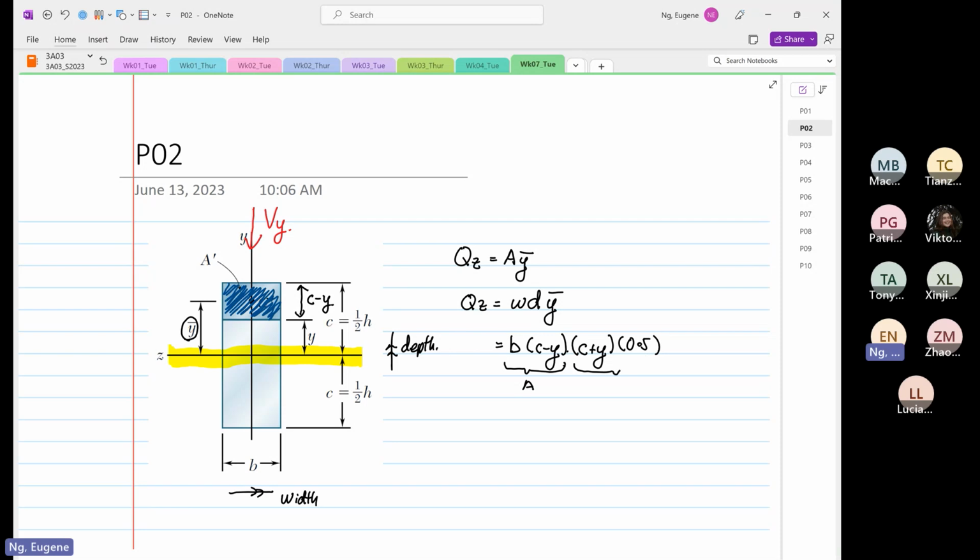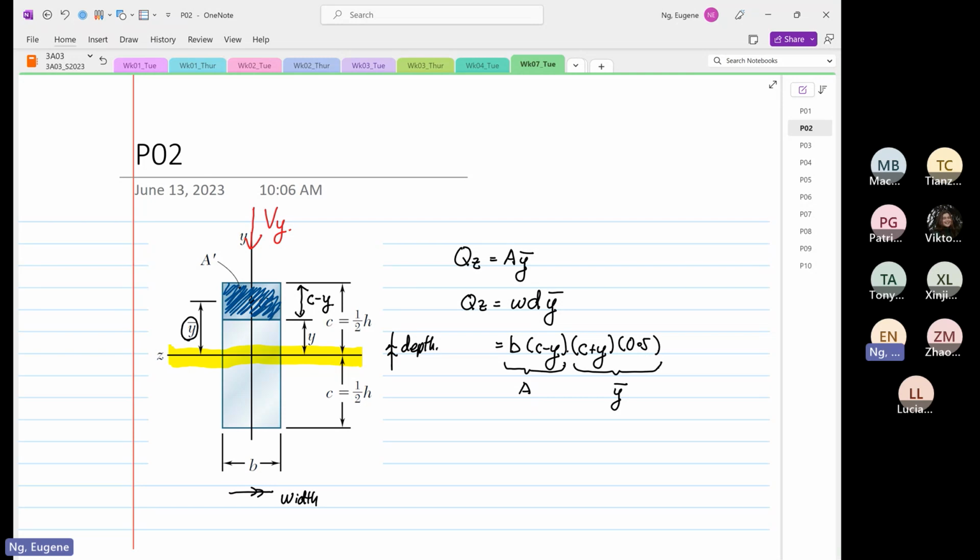This term over here is your Y bar. Now some of you might say, Eugene, why is Y bar C plus Y times by half? Formulas are important. Sometimes you forget. There are ways to help you.